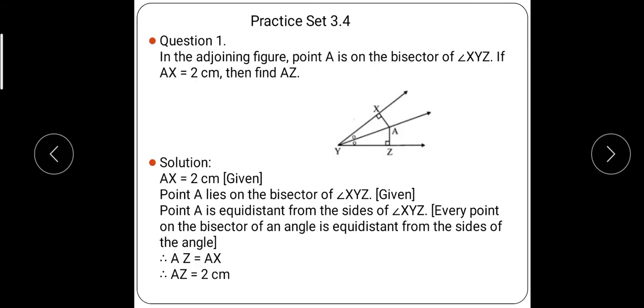You will get just half marks if you write only AZ is equal to 2 cm. If you mention nothing else, then you will not get even half marks. If you write 2 cm with the small reason, because of the angle bisector theorem, then you will get half marks. And if you mention the theorem statement, then only you will get the full marks.